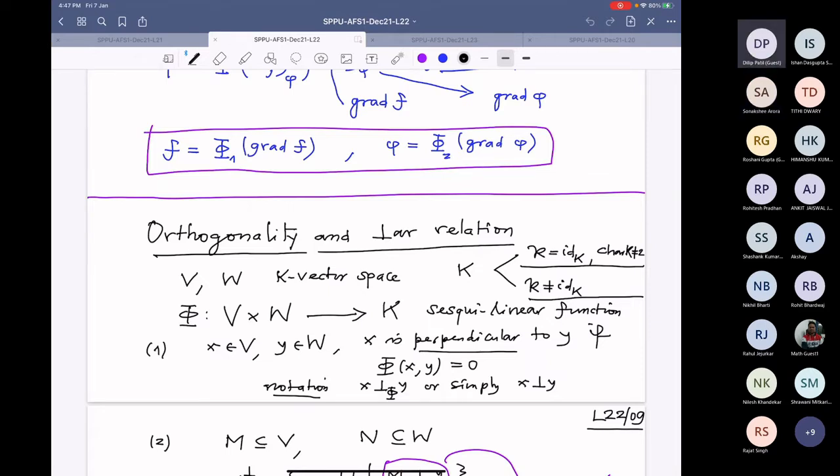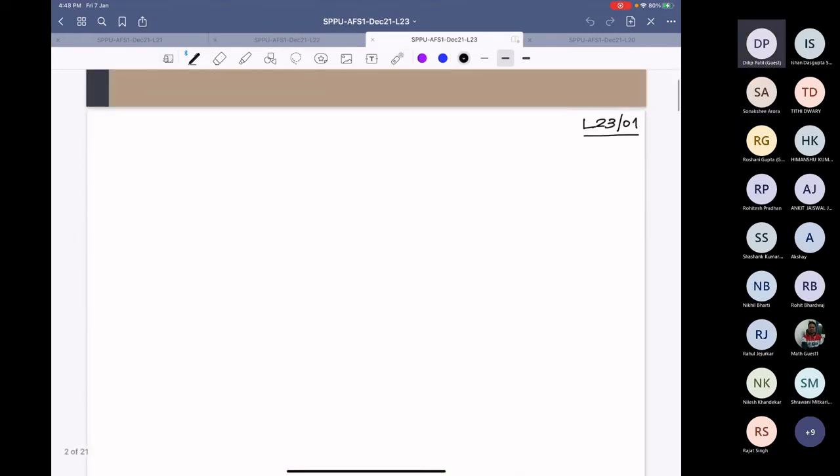No. In general, you have the concept of a relation from a set A to the set B. Hello, Sonakshi. Yes, sir. In general, you must have heard, when we have two sets A and B, what is the relation R from A to B?